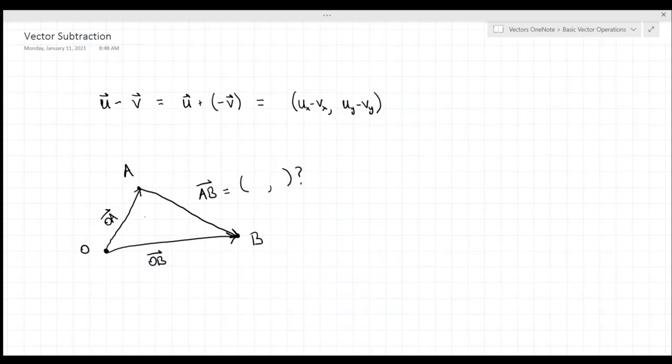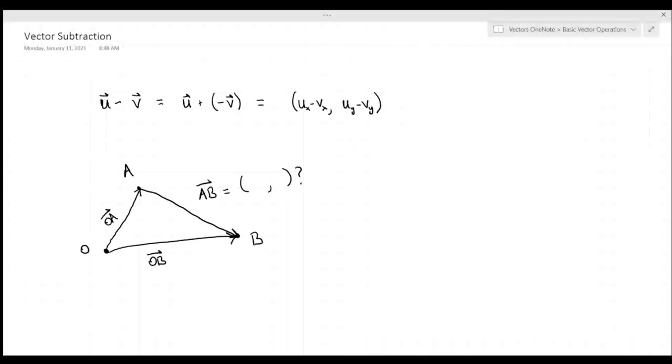So notice in this picture, vector OA connects head to tail with vector AB. So when you have vectors connected head to tail, remember that their sum is represented by the third edge of the triangle that they form.